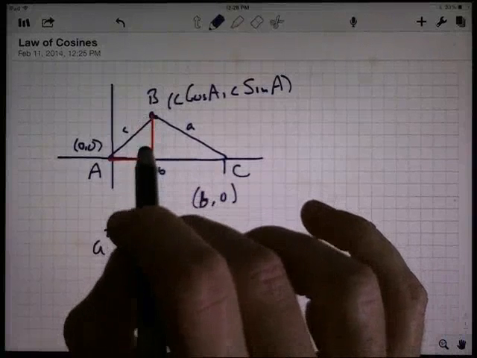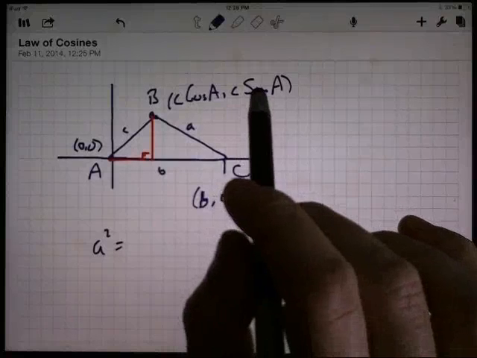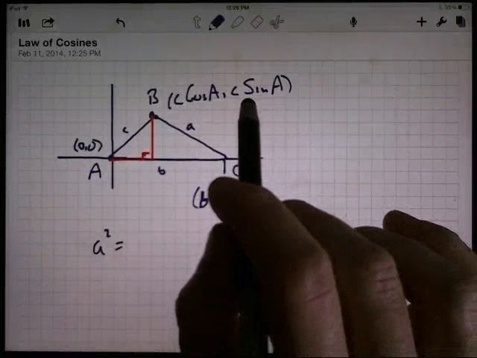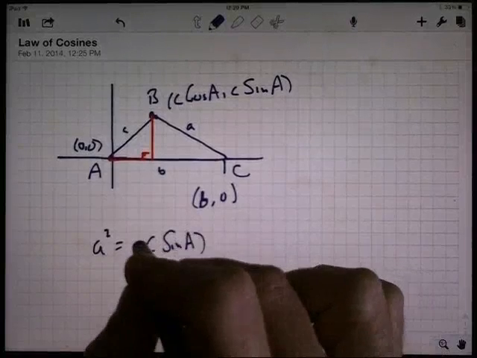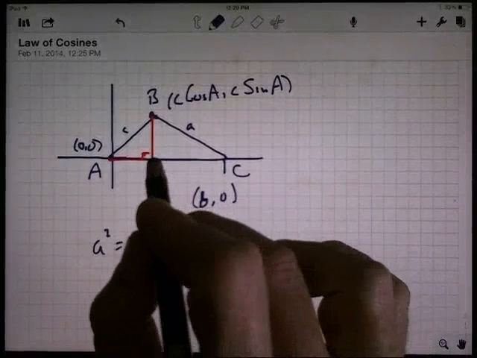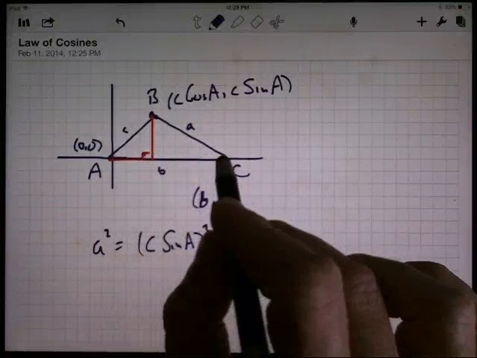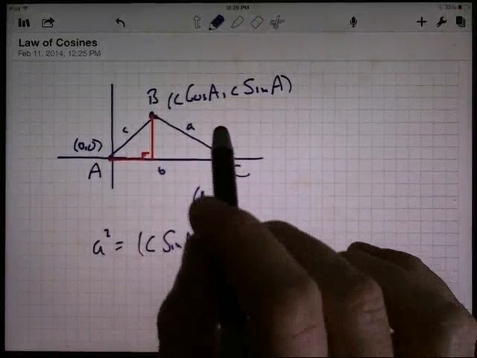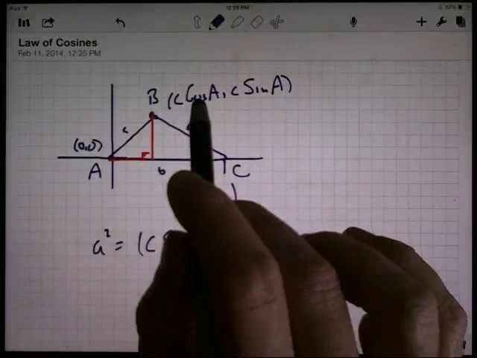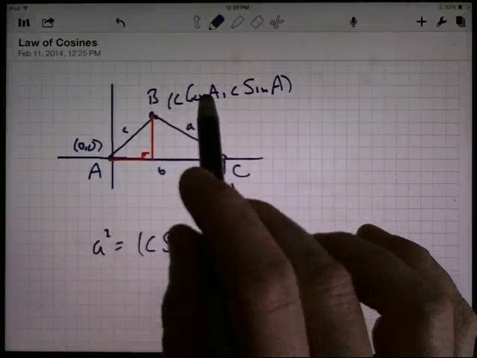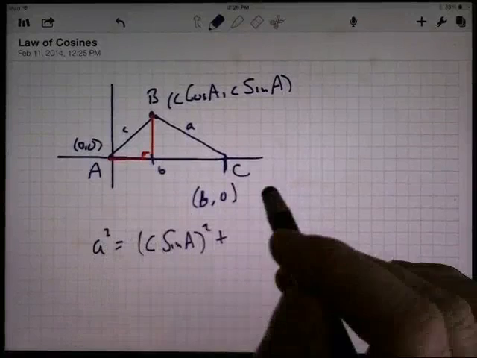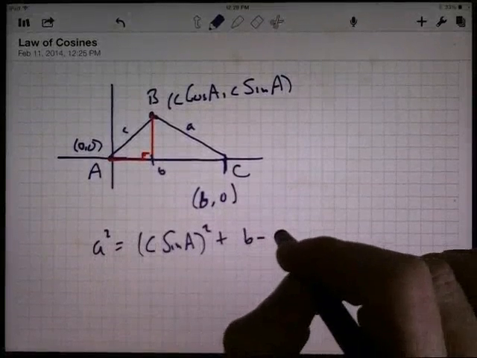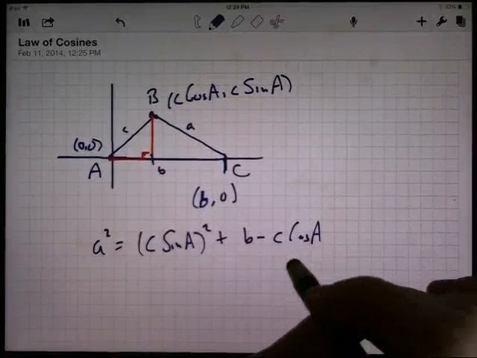Well, this side squared is just the y-coordinate, so this is c times sine A squared. And then the side down on the bottom, think of it as this x-coordinate minus that x-coordinate, right? So that's b minus c cos A.